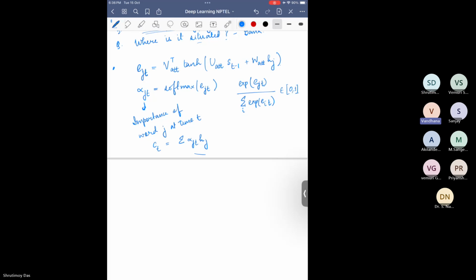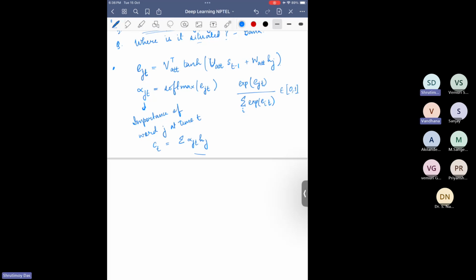Attention weight is used for calculating alpha. So these are the weights, these are the learnable parameters. These things are learned during backpropagation through time. For a certain time step, you will have one value of U, V, and W. You'll get some EJT and you get some alpha JT.